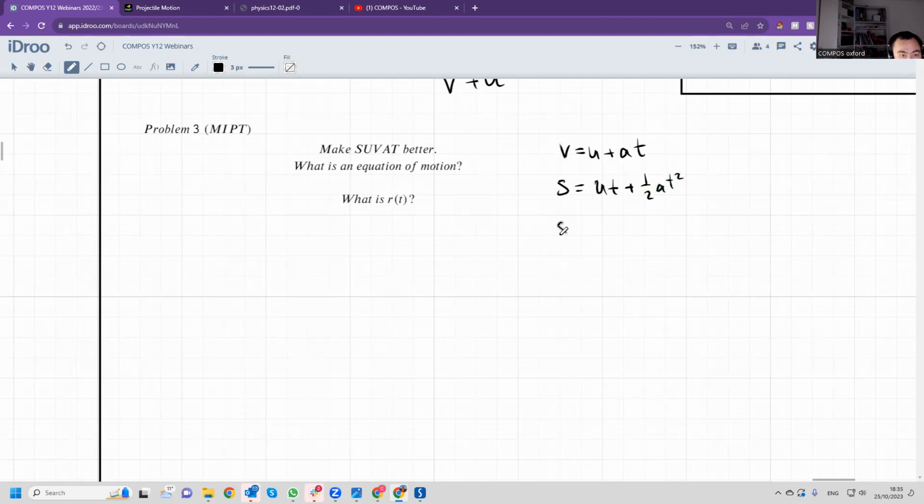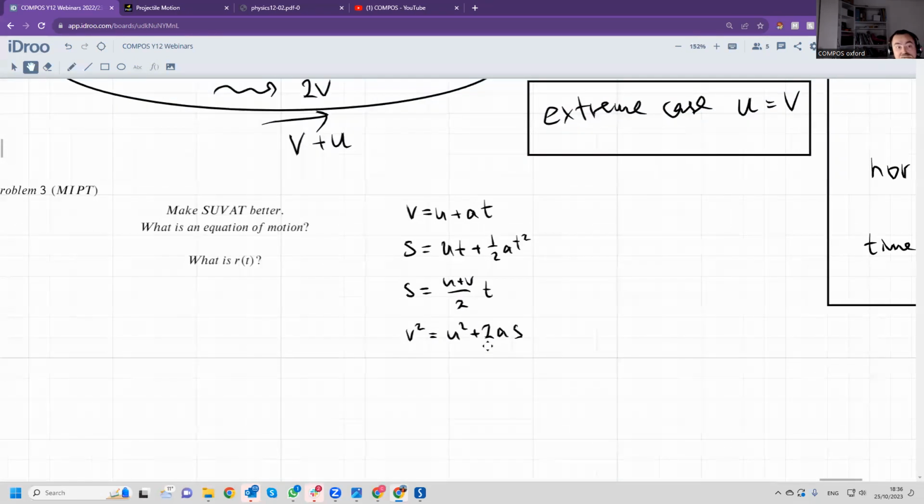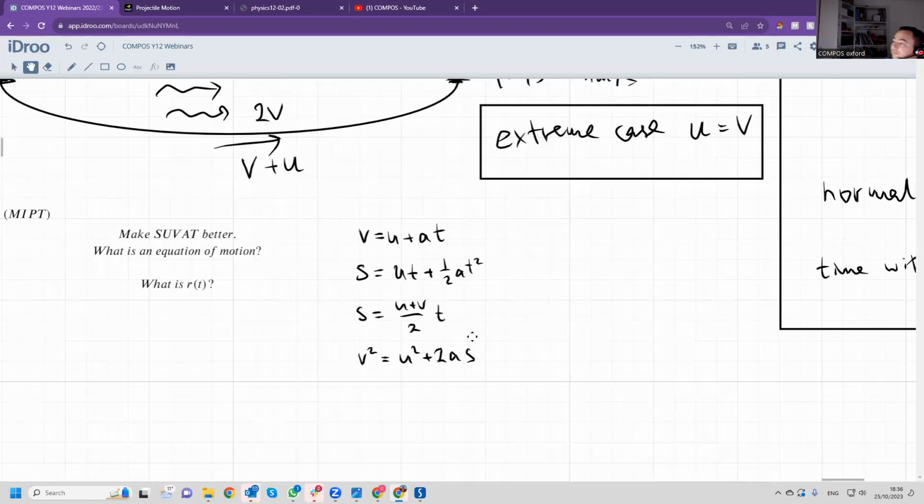Then we have s equals (u plus v) over 2 times t. And we have v squared equals u squared plus 2as. So these are the 4 equations. 2 of these equations I like more than the other 2. I like the first 2, because they're really cool.